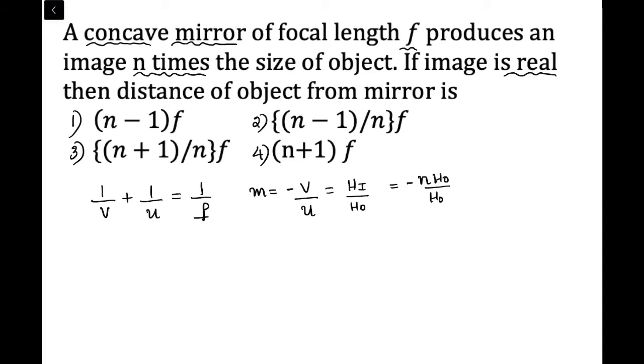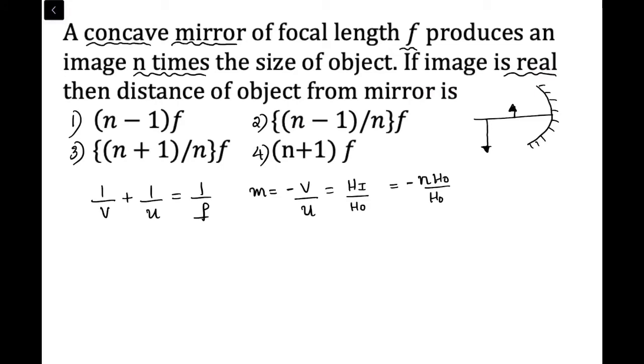Why? Because in order to get a real image in the case of a concave mirror, that image height will be calculated downwards, meaning below the principal axis. So if you keep the concave mirror somewhere here, and you keep the object somewhere here, and you are getting an image something like this, that is why we are taking the value of n as negative, because it's a real image.